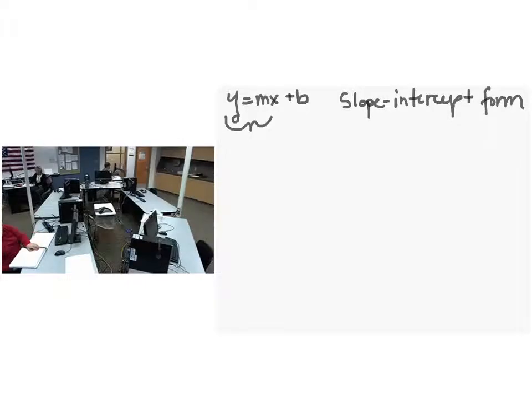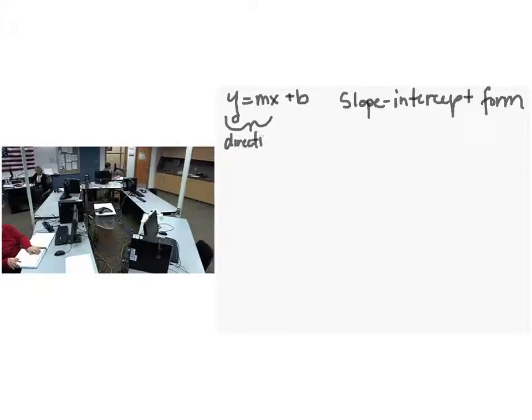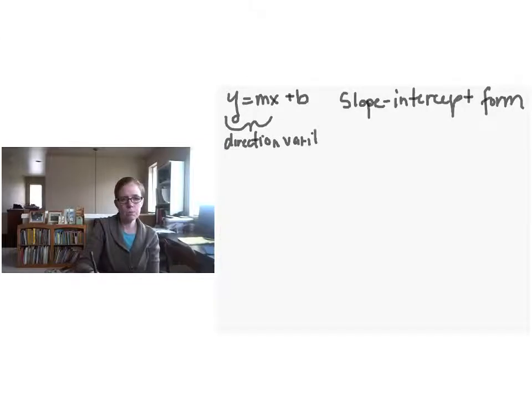So looking at example 1, bottom of page 204, it says, write an equation given slope and y-intercept. So remember, y equals mx is our direct variation equation, and the b is our y-intercept.